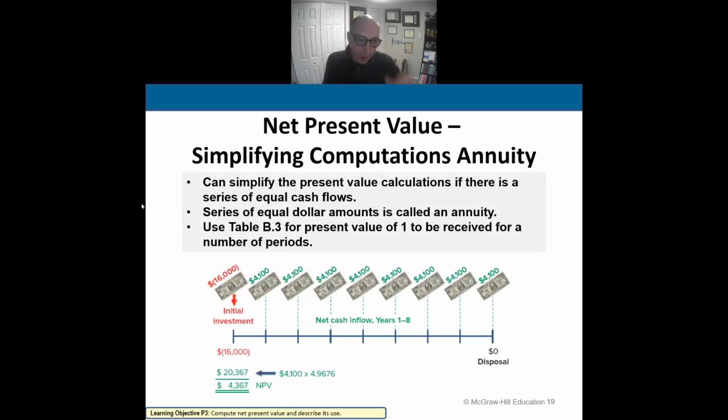And this one, net present value, is kind of represented graphically. Your cash inflow each year, using the table to establish the value, minus the investment to get the net present value.